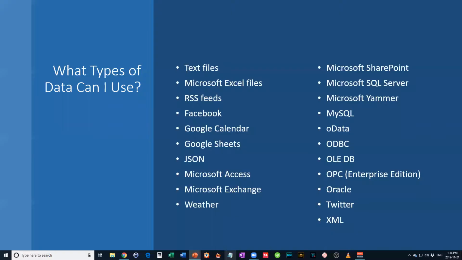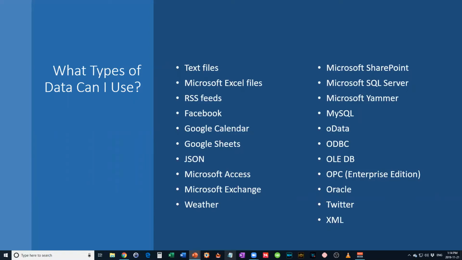So what kinds of data can you pull in? Ton of it. You can pull in text files, Microsoft Excel files, RSS feeds, Facebook likes, Google Calendar information. So if you wanted to have information about when rooms were going to be available or when meetings were booked, you could do that. Google Sheets, JSON, Microsoft Access, Microsoft Exchange.